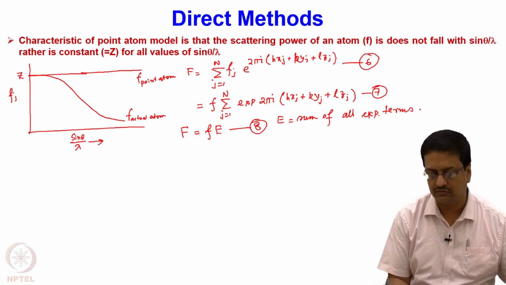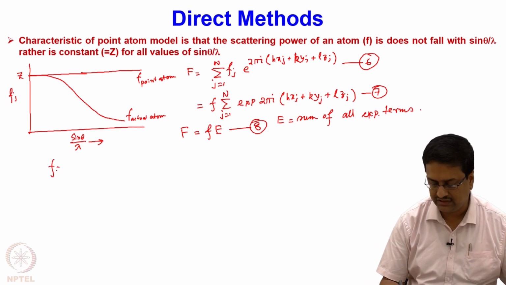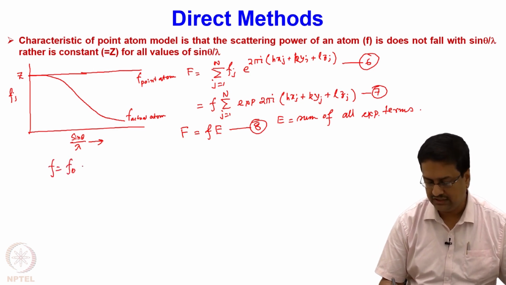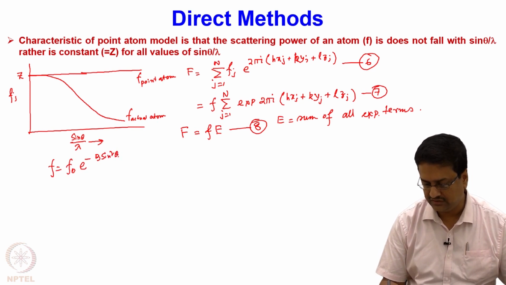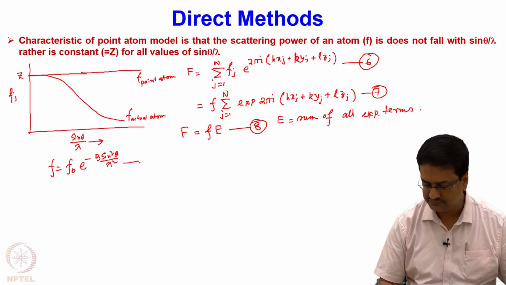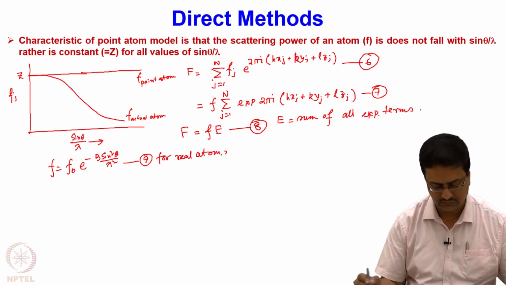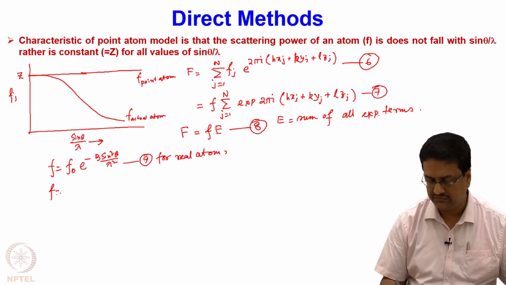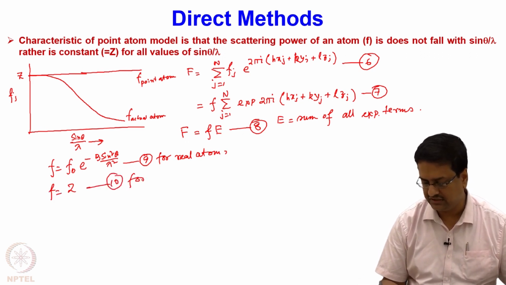Now, as we know that the scattering factor f is equal to f0 e to the power minus B sin square theta by lambda square for a real atom, we should write f equal to Z for a point atom.